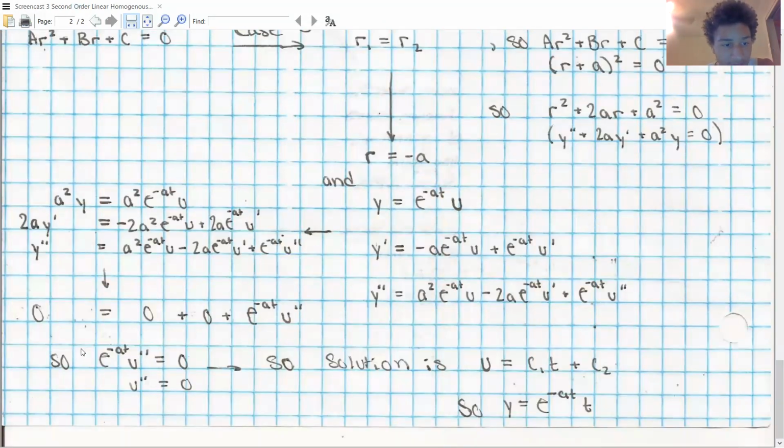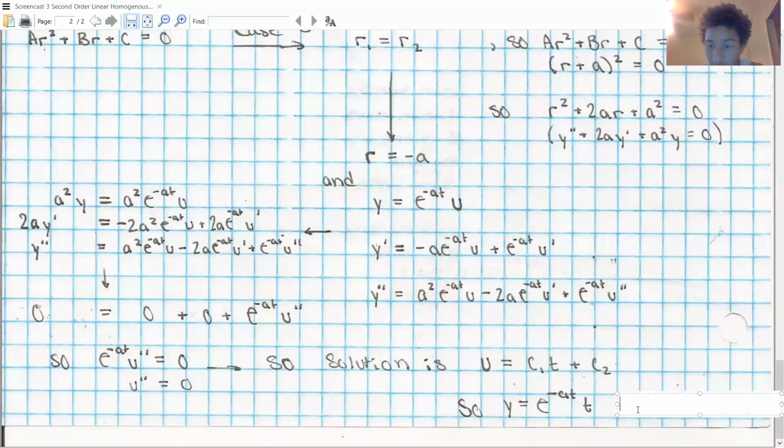Okay, so now we know that 0 is equal to e to the negative at times u double prime. We know that this is always going to be constant. We knew that before, so we can divide it out. So our solution, if we take the integral of this twice, will be u equal to c sub 1 times t plus c sub 2. And we will get this as our solution if we only look at t.